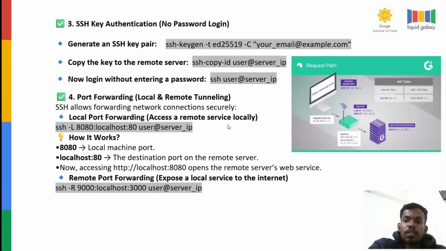When you connect using SSH, it checks whether both keys match or not. If they do, you get access to the server or the machine without entering a password. This method improves security and prevents brute force attacks.